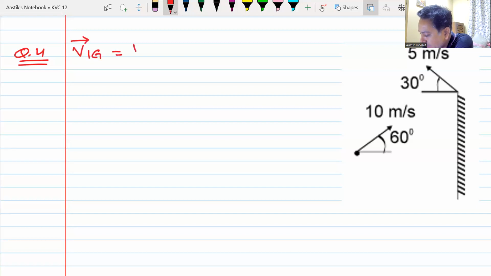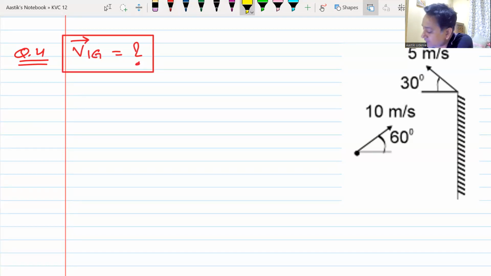I put the vector sign, so you have to tell me both the x components and the y components, and I patiently wait for your answers on this one. Let us see who can do this question correctly and fast.